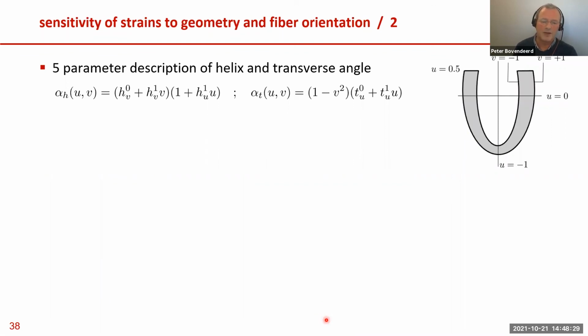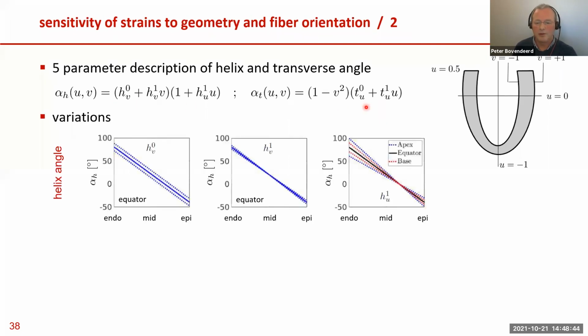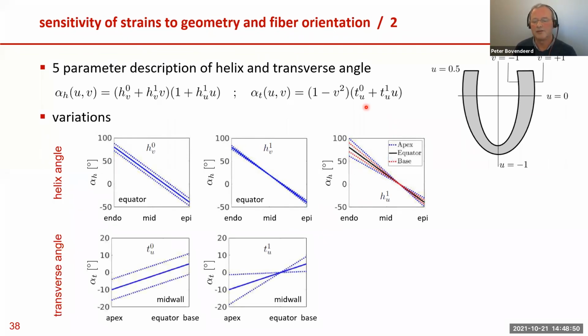He had a simplified description of the fiber field, so a 3-parameter description for the helix angle and a 2-parameter description for the transverse angle. And the 5 parameters in this model were varied according to experimental observations published in literature. So these are typically the variations in these 5 input parameters.